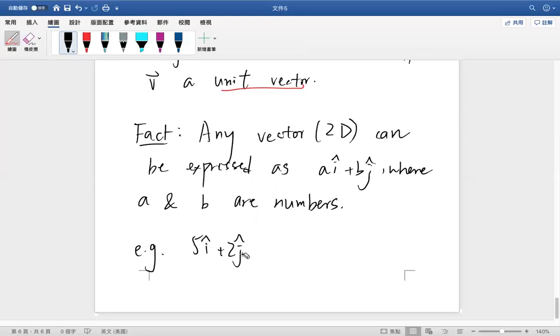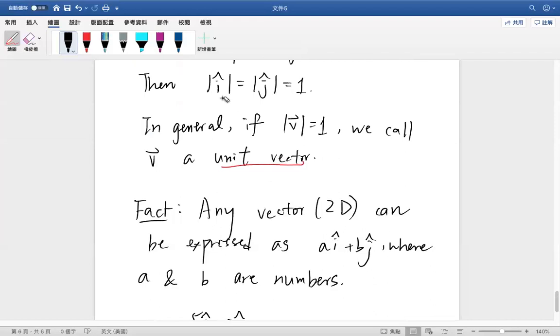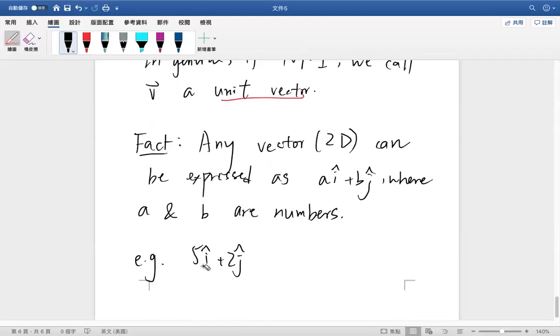What does 5i plus 2j look like? Remember that i and j are of length 1. So if we multiply i by 5, this is the vector pointing in the x direction with length 5. So it looks like this one, 5i.